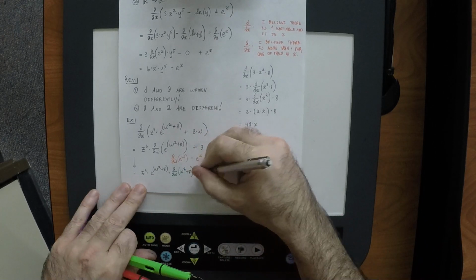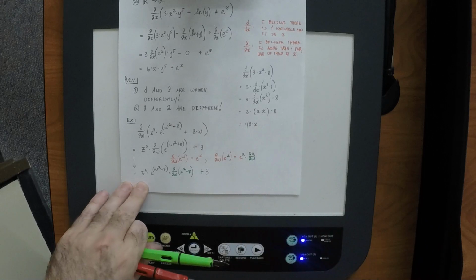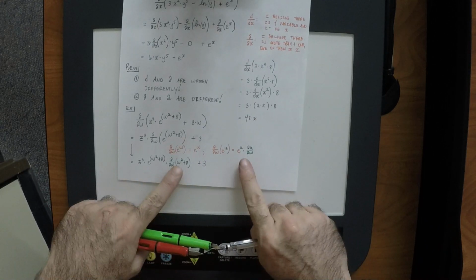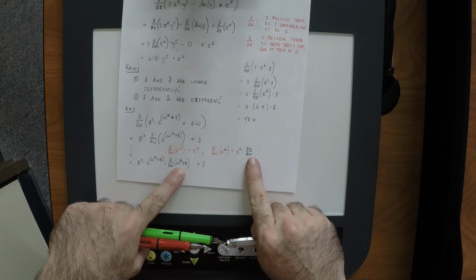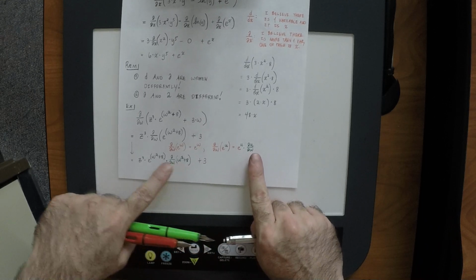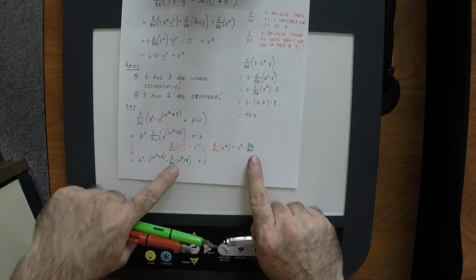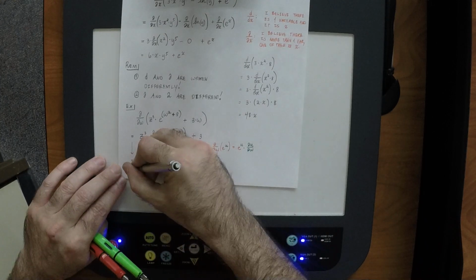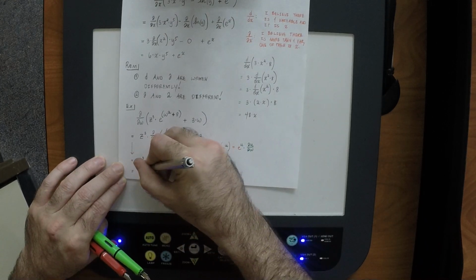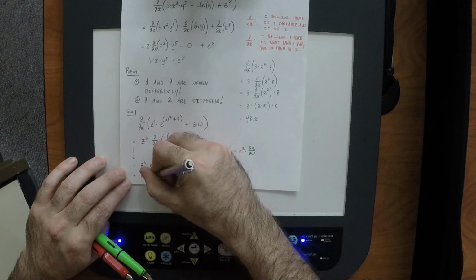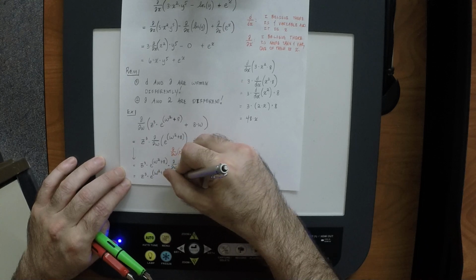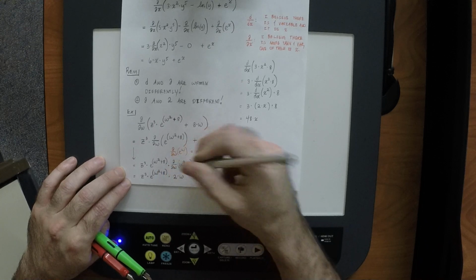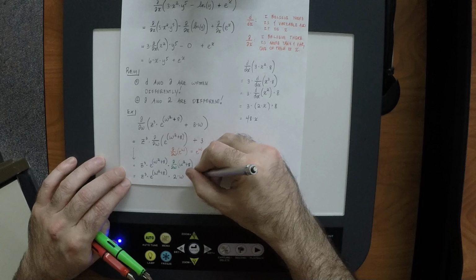And then don't forget the plus 3. So those green bits are the same. So what's it? 2w. So this would be z cubed times the exponential of w squared plus 8, and then multiply 2w, and then plus 3.